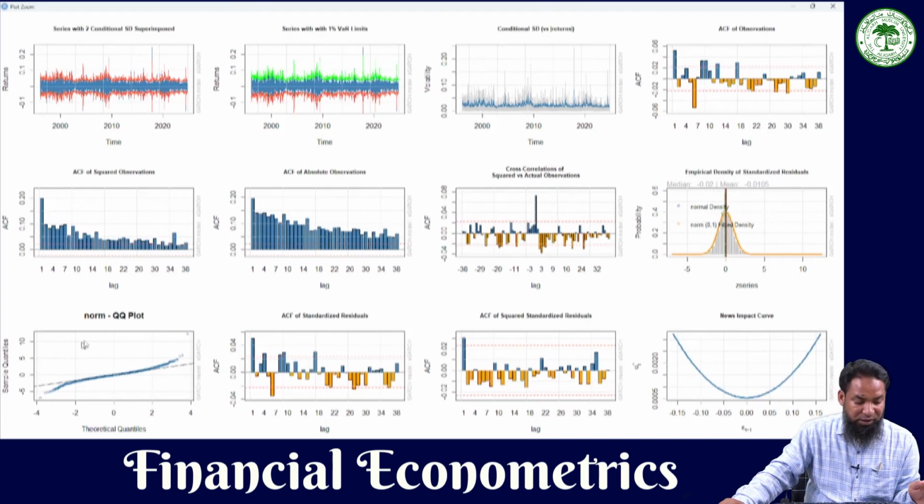In this QQ plot, we can see divergence at the ends, one here and another here, so it shows there will be some autocorrelation. This is the ACF of the standardized residuals, where you can see some versions of autocorrelation.